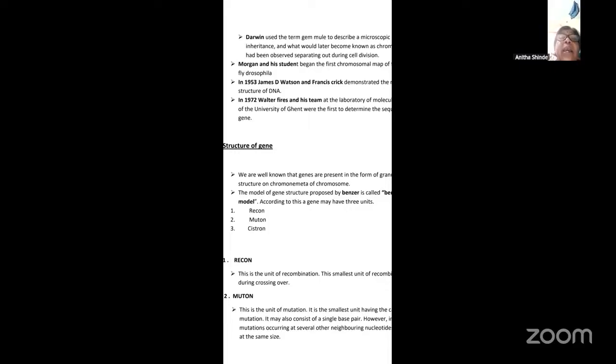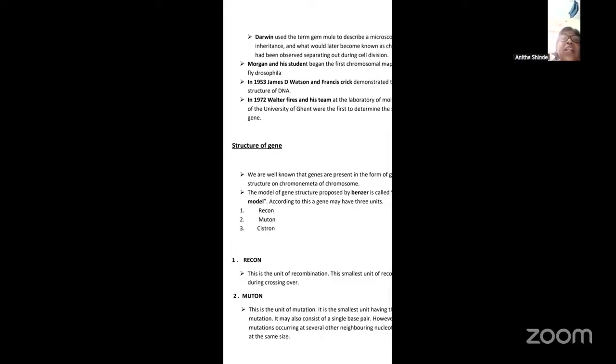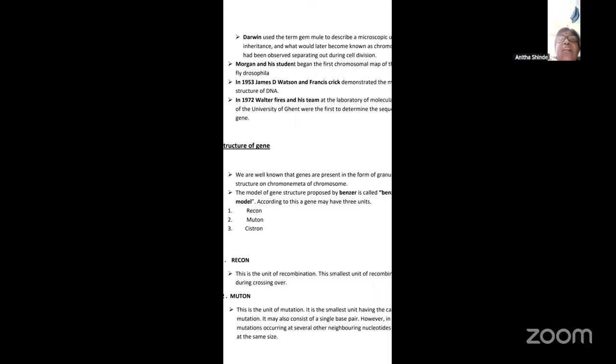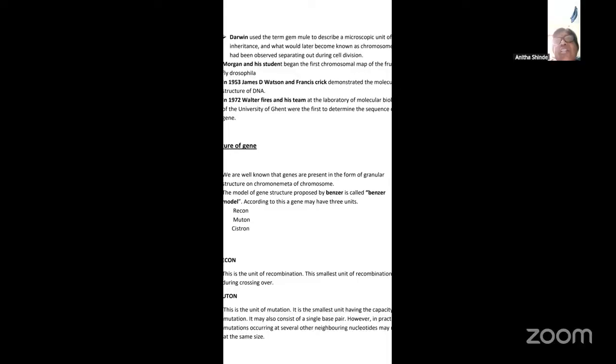Then Morgan began the first chromosomal map of the fruit fly, Drosophila. Then James Watson and Francis Crick gave the structure of the DNA. Later, Walter Fiers and his team at the Laboratory of Molecular Biology were the first to determine the sequence of the genes. So this is a brief history of the gene.